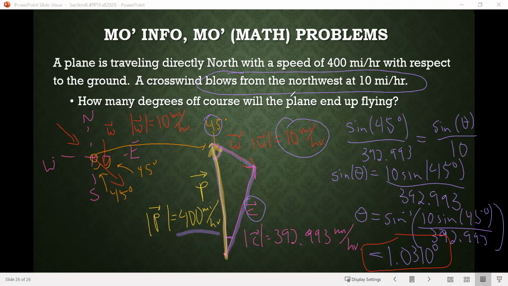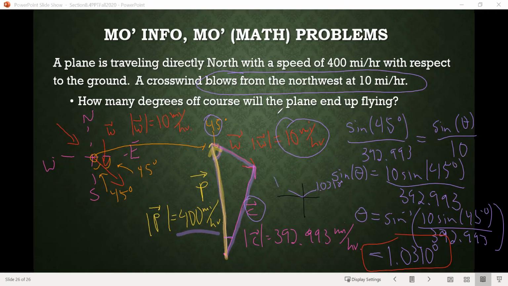Now, one thing we need to check here: remember, when you use the law of sines to find an angle, sometimes there's another angle we can find. We did the inverse sine of that and got 1.0310 degrees, which would be in the first quadrant. We might also have an angle in the second quadrant, which we find by doing 180 minus that.